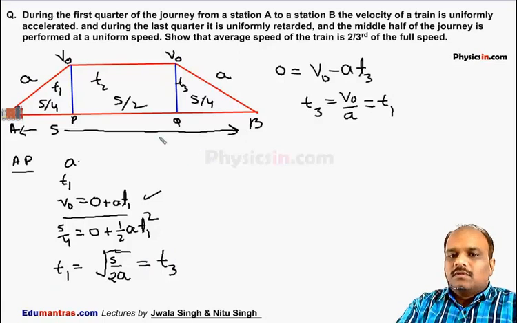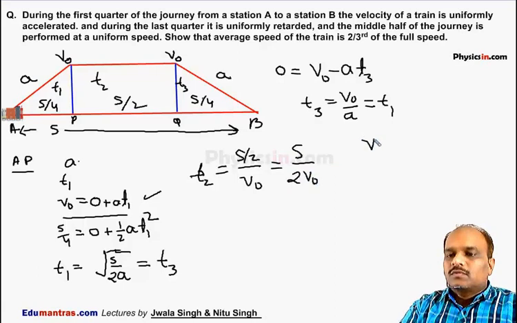We can also say T2 is equal to S by 2 divided by V0. This is the distance, and this is the time for uniform speed. So this is equal to S by 2 V0. We also know V0 square is equal to 0 square plus twice A into S by 4, so V0 is equal to root over AS by 2.